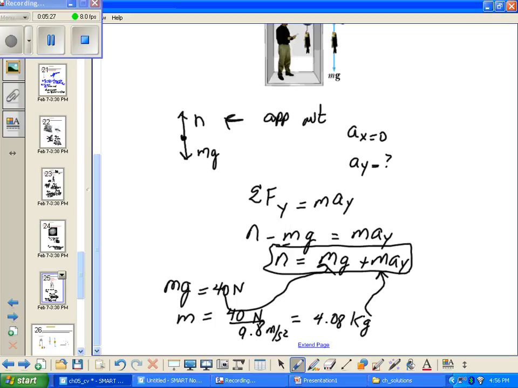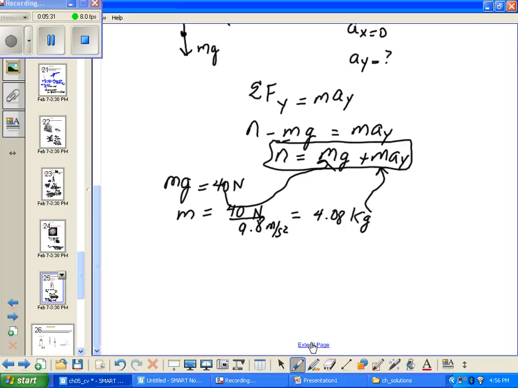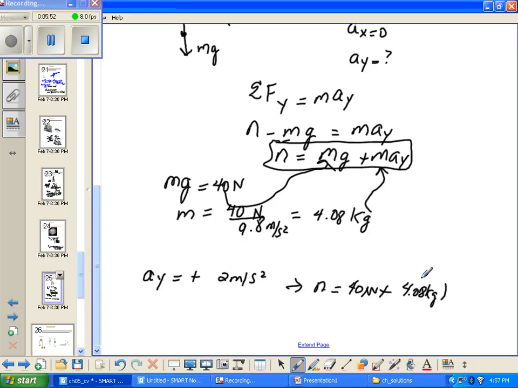Okay, so in the first case, we're told a sub y is equal to positive 2 meters per second squared. So we can see that N is equal to 40 newtons plus 4.08 kilograms times positive 2 meters per second squared.